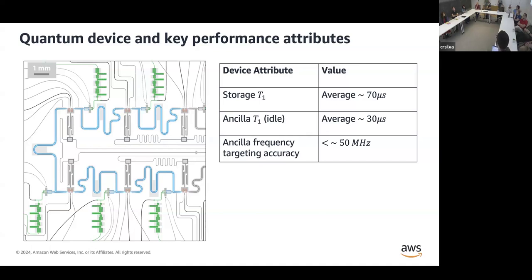Which temperature is this? This is 20 millikelvin. And are these parameters temperature dependent? They are. Although if you go to 100 millikelvin, then these start to go down. But in the range between 20 and 30 millikelvin, they shouldn't change so much. How much is too much? I mean, 20%, 50%.